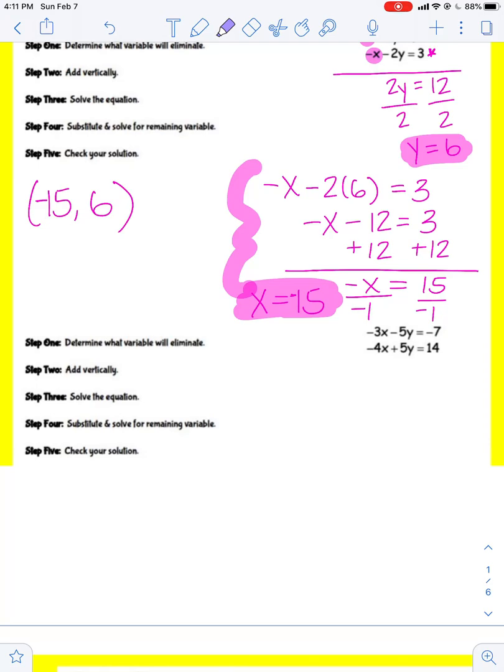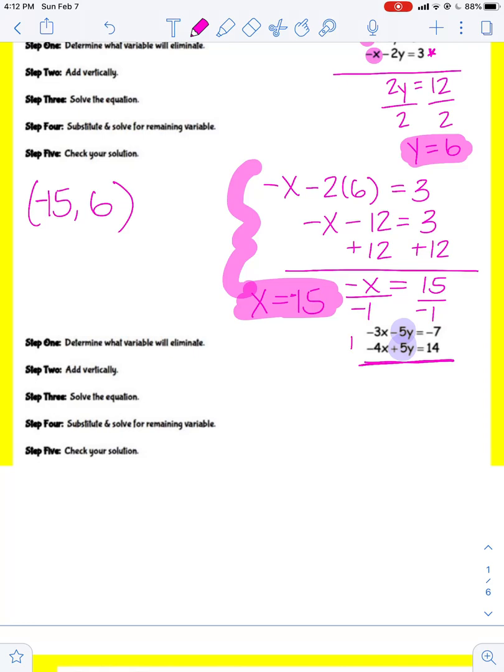Looking at this, I have negative 3x and negative 4x, and that's not really going to work because they're not opposites. But right here, I have negative 5y and positive 5y. So that gives me a place where I can add and get 0. That's exactly what I'm going to do.